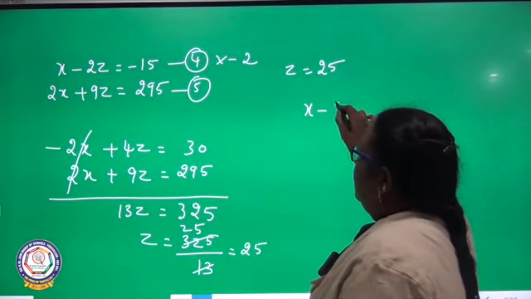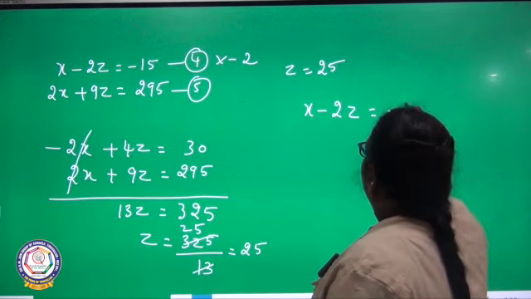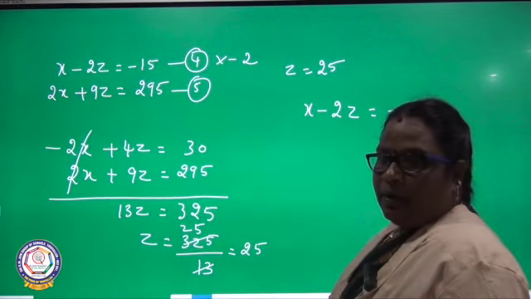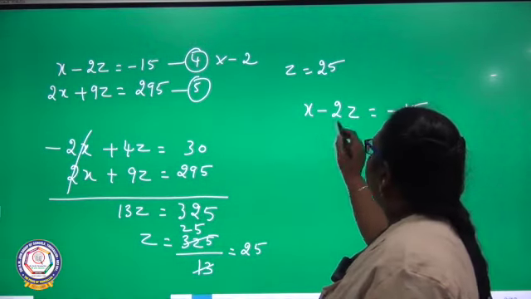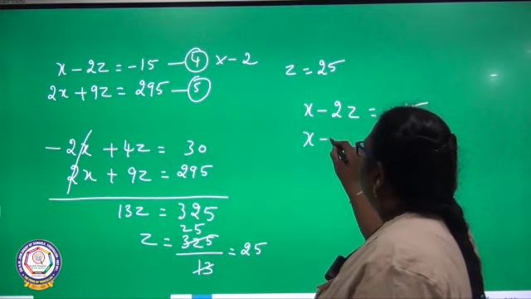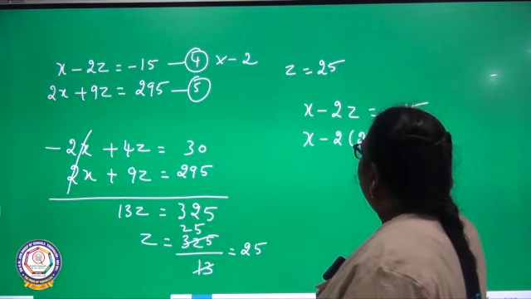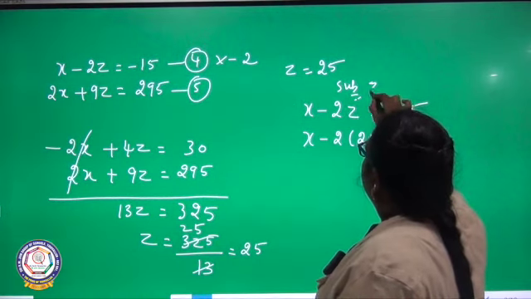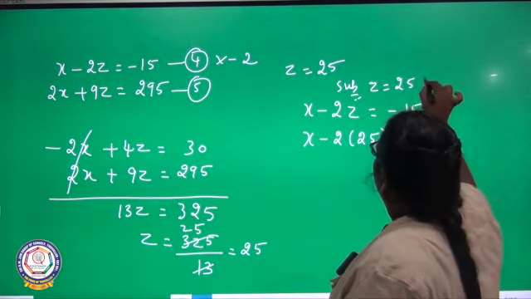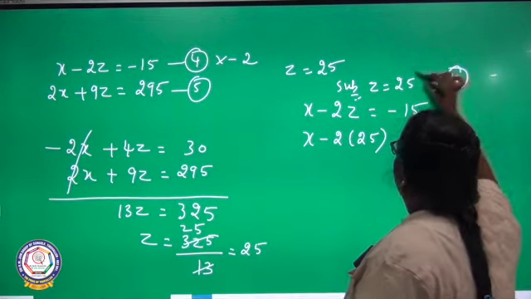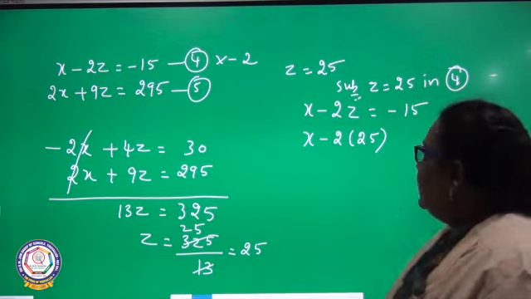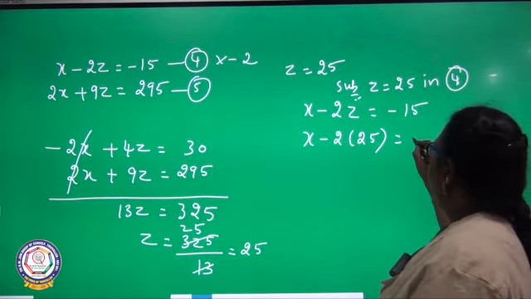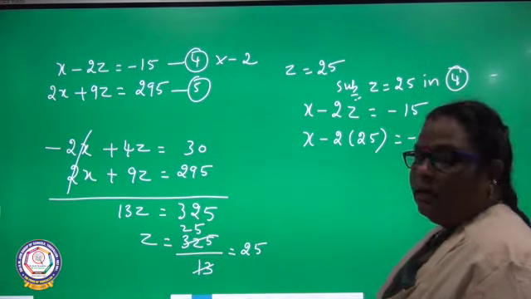Substitute z equal to 25. x minus 2 into 25 equal to minus 15.